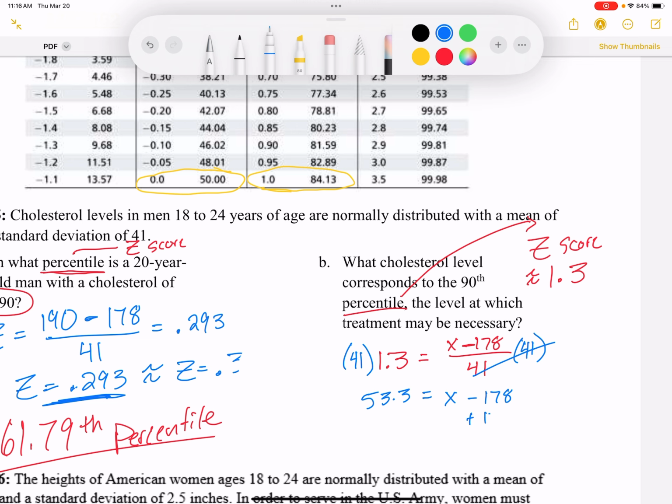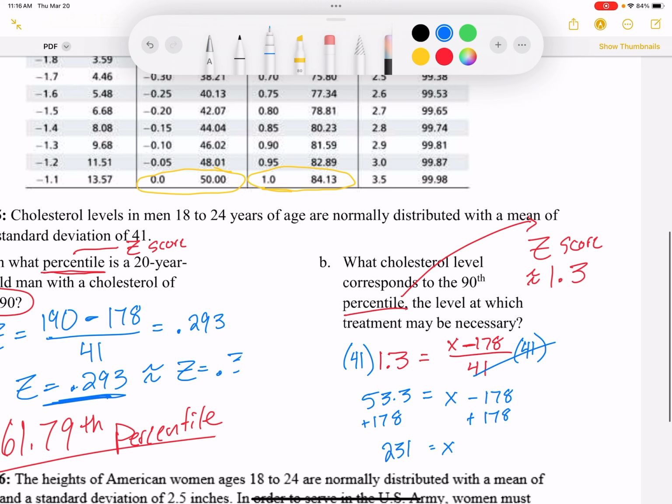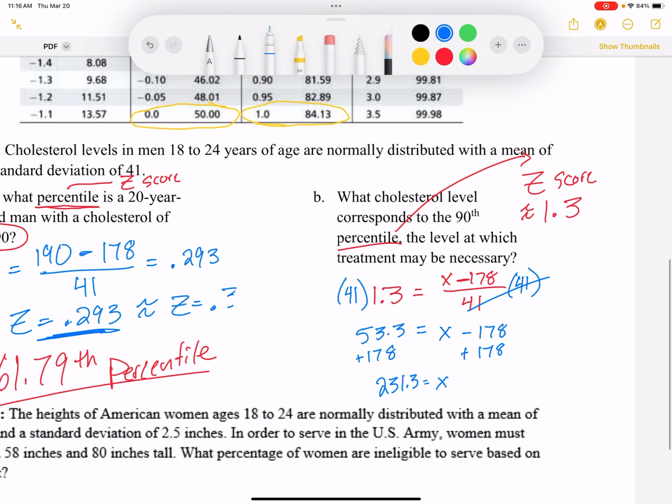So I add 178. And I get x is equal to 231.3. So, my friend, your cholesterol level is approximately 231.3.